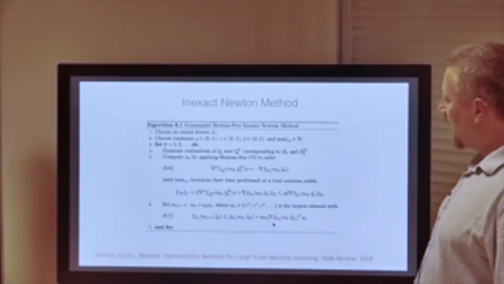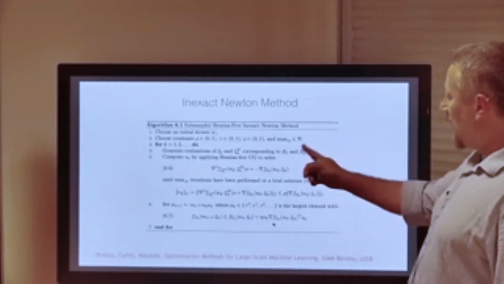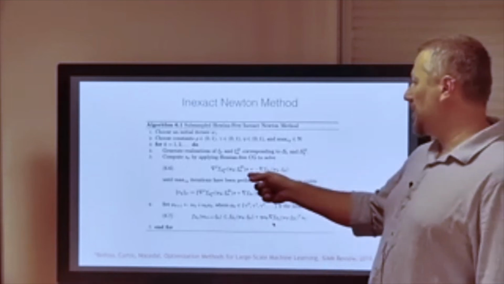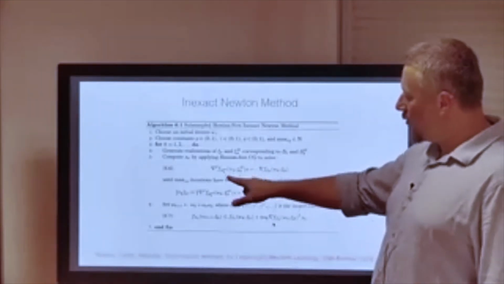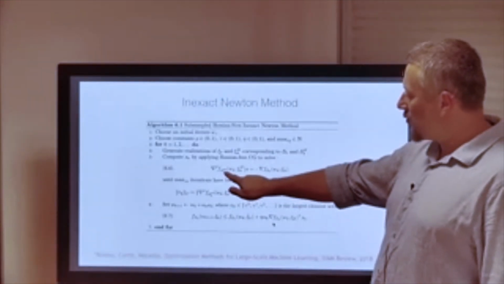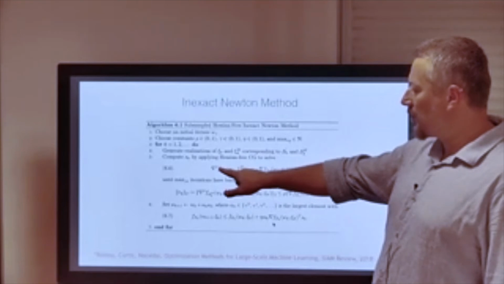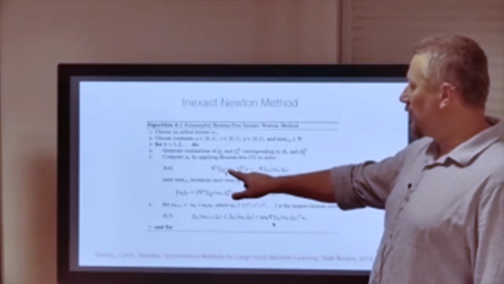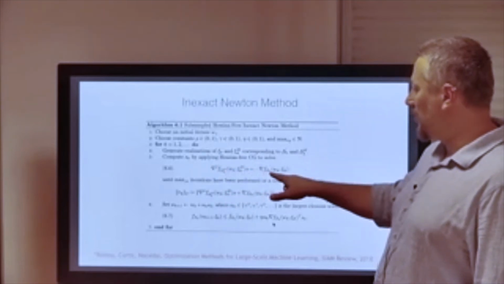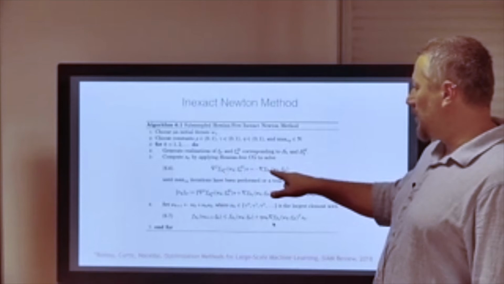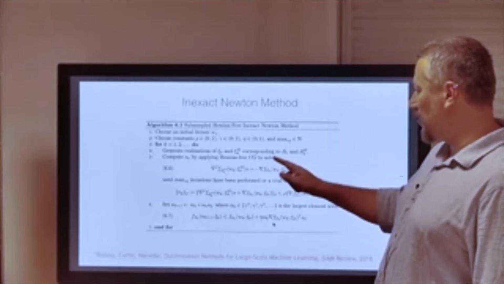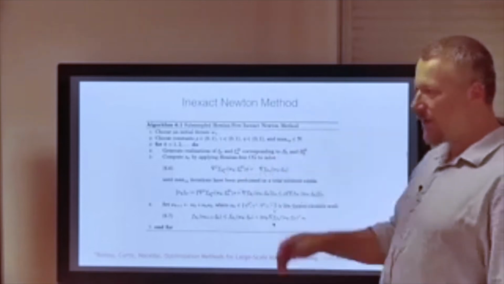And even though you are using mini batches here, you want to choose the second mini batch, which you calculate the Hessian with, independent from the mini batch you calculate the gradient with, so that the proof works the same.